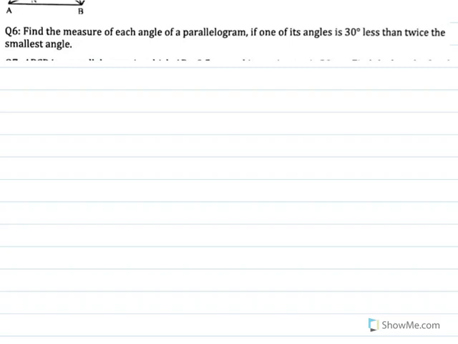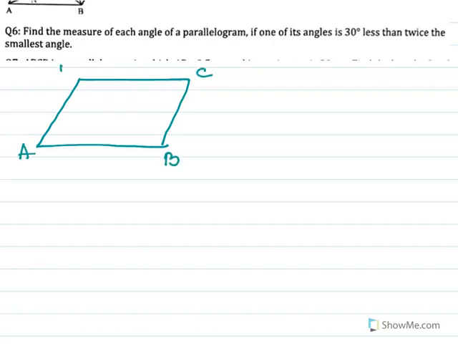Find the measures of each angle of a parallelogram if one of its angles is 30 less than twice the smallest. So here is a parallelogram ABCD.